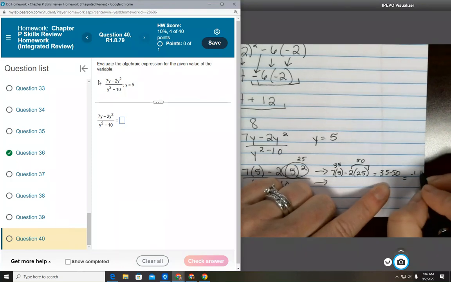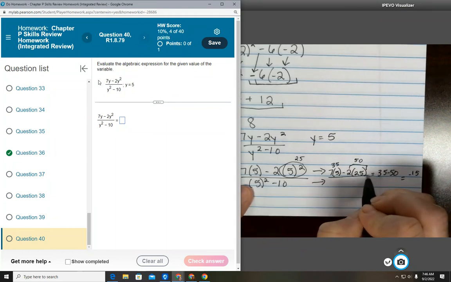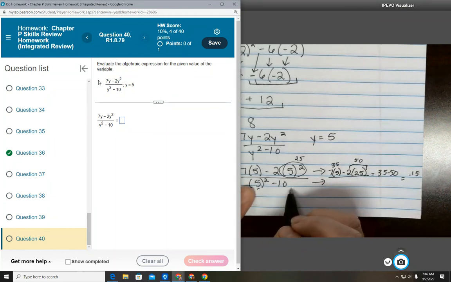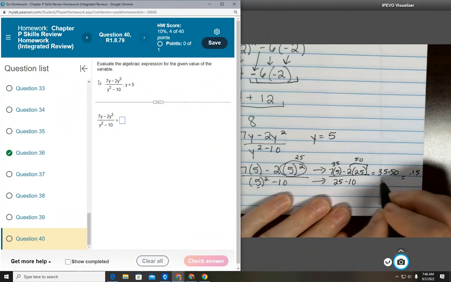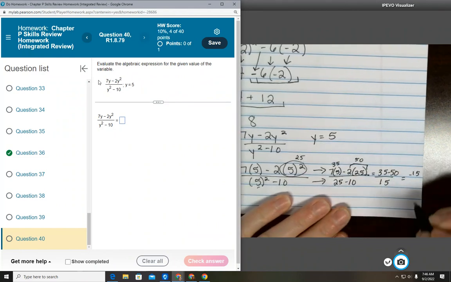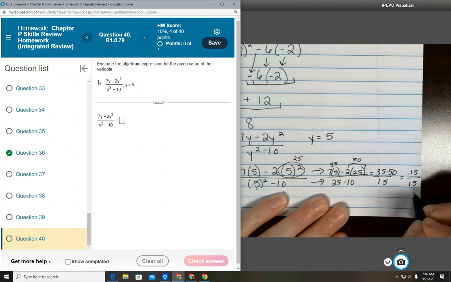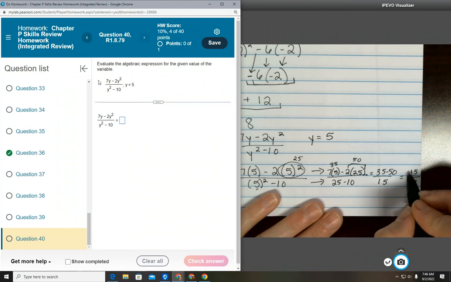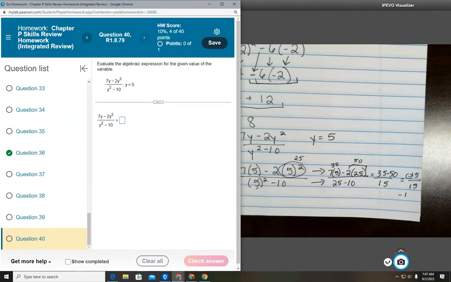So that's negative 15 over order of operations here, exponent, so it's 25 minus 10, which is 15. So negative 15 divided by negative 15 is 1. They're different signs, so it's a negative 1. That is it for our notes for chapter P.